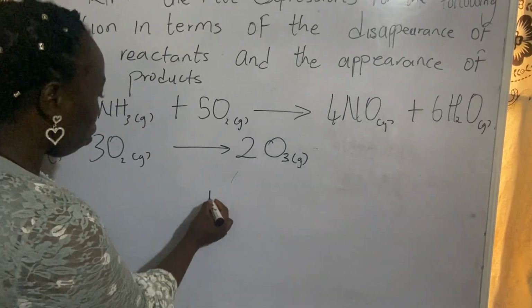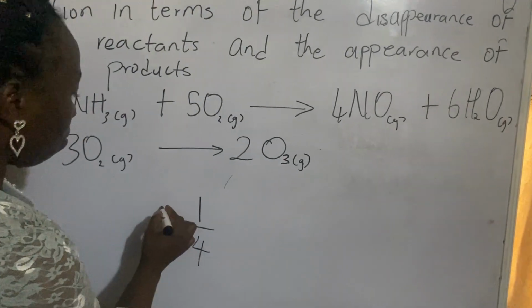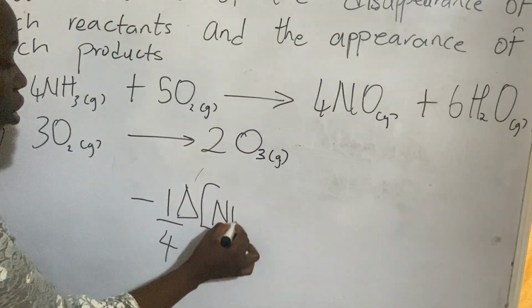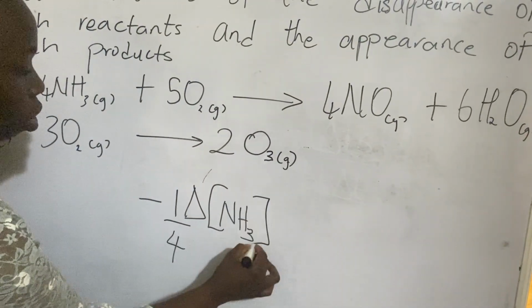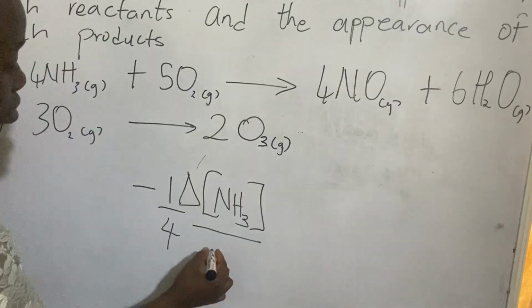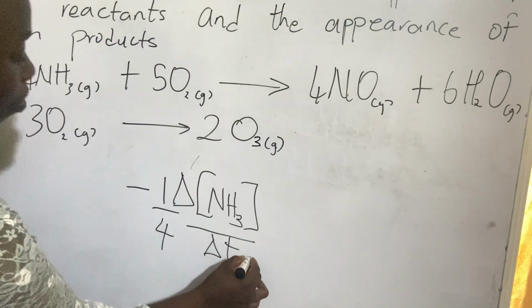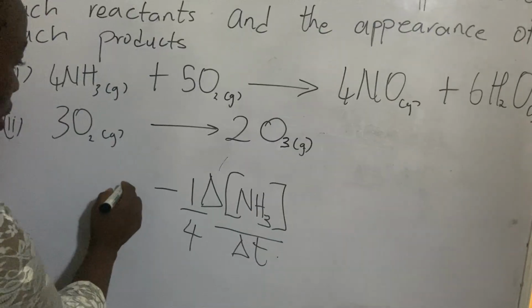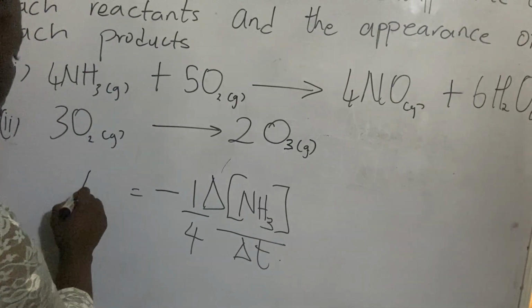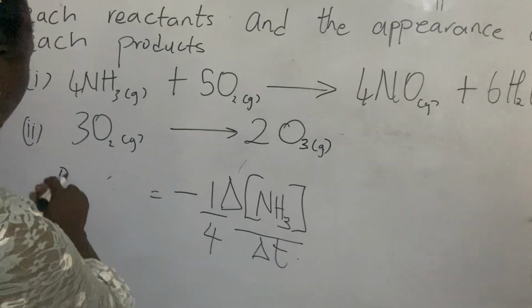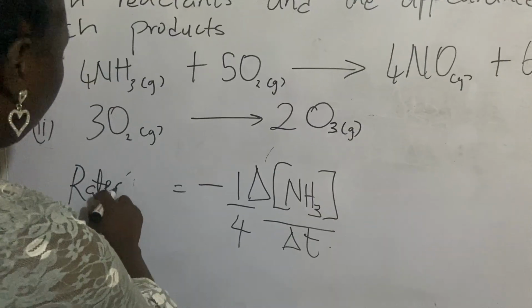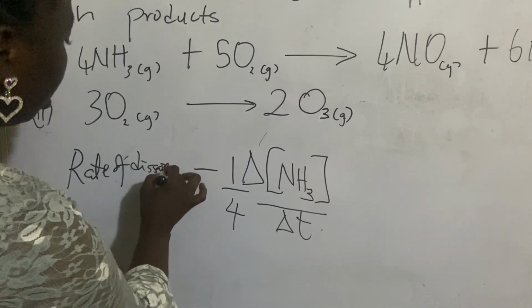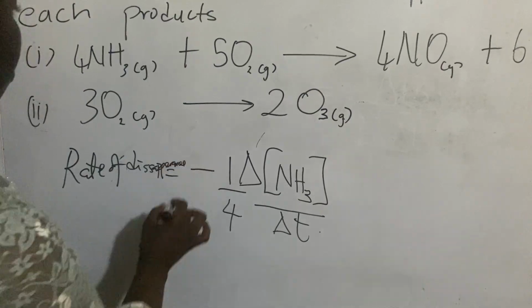You simply write 1 all over 4 minus change in concentration of ammonia all over change in time. Then they said for each, so this is rate of disappearance because the ammonia is a reactant.